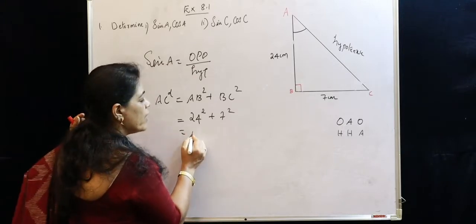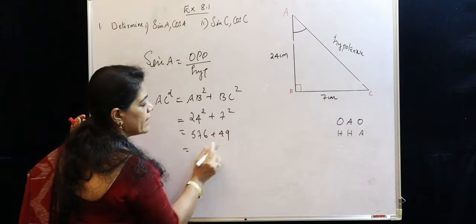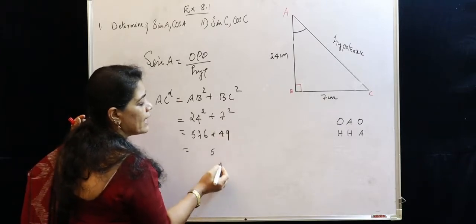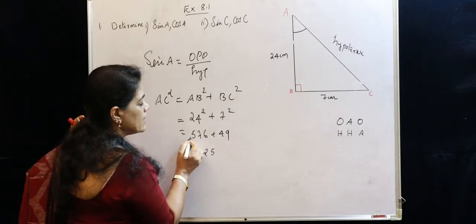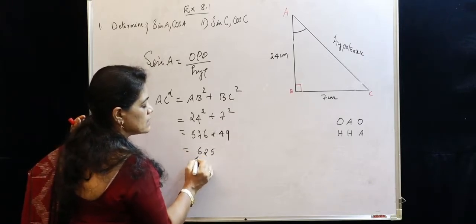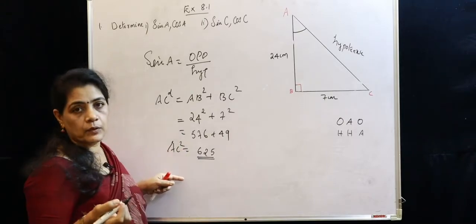So 576 plus 49: 9 plus 6 is 15, 1 carries, 7 plus 4 is 11, plus 1 is 12, 1 carries, and 5 plus 1 is 6, so 625. This is AC square, the square of the hypotenuse.